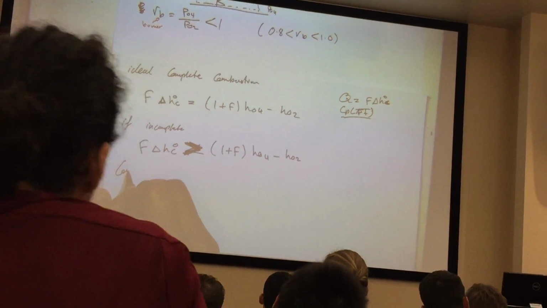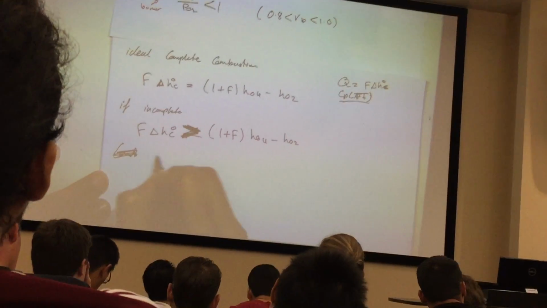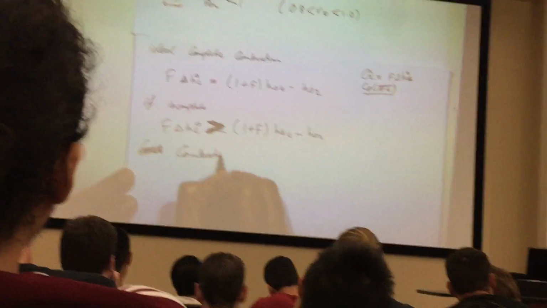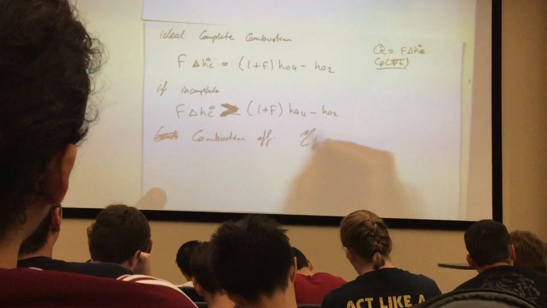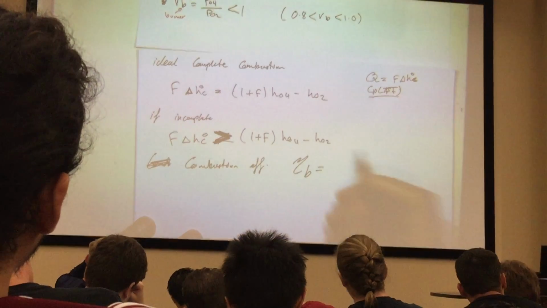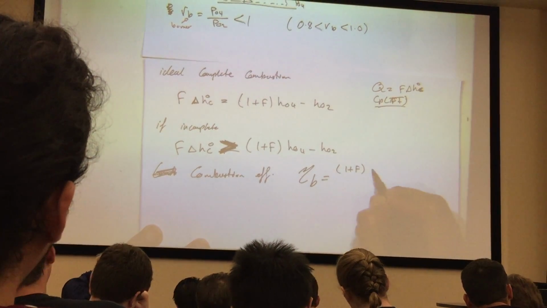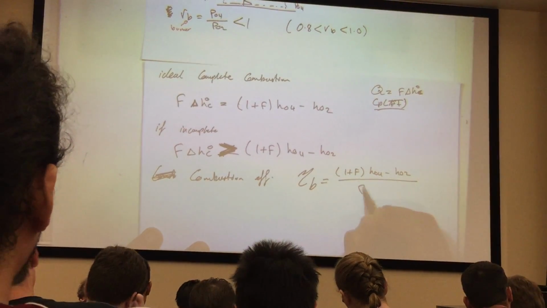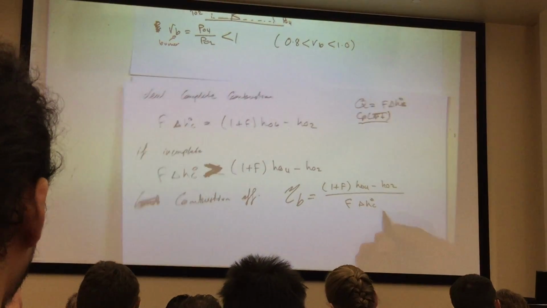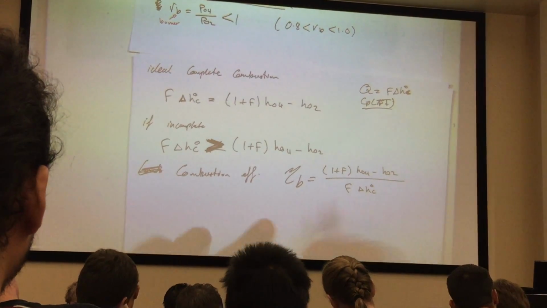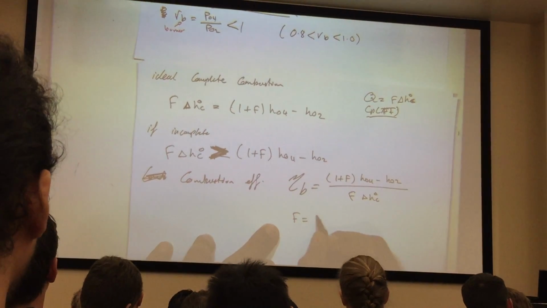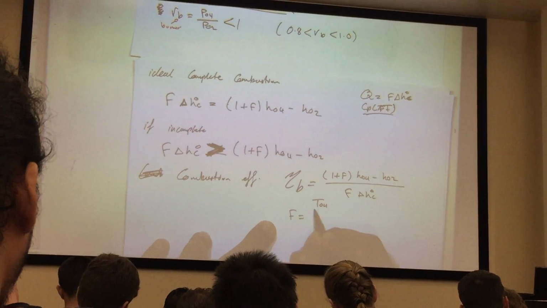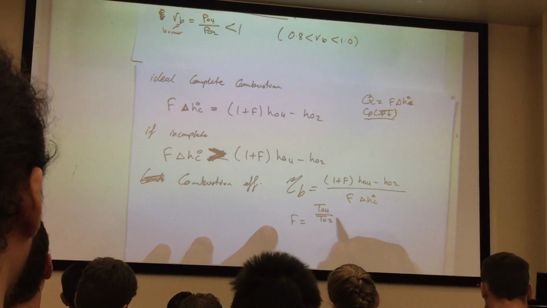So our combustion efficiency becomes eta burner is equal to this over this. 1 plus F, H4 minus H2 over, we already know the fuel air ratio is equal to my stagnation temperature ratio minus 1.